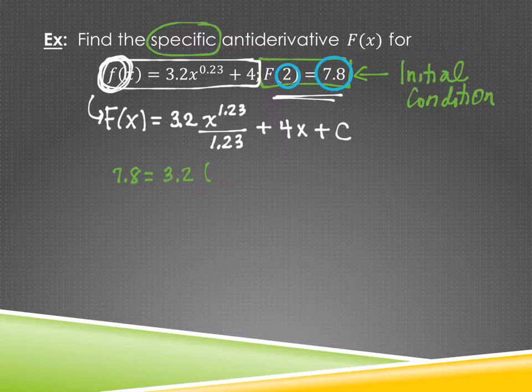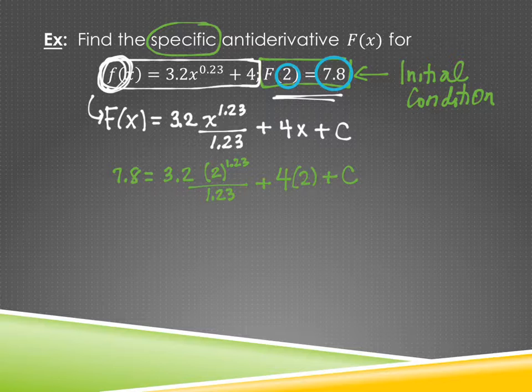Your x value is 2 to the 1.23. Is that readable enough in that green? I think it's okay. So we add 1, but it says 0.23. Right, because it's the power rule. The simple power rule is that you increase the exponent by 1. And then we're going to divide by the 1.23. We've got 4 times the 2 plus c.